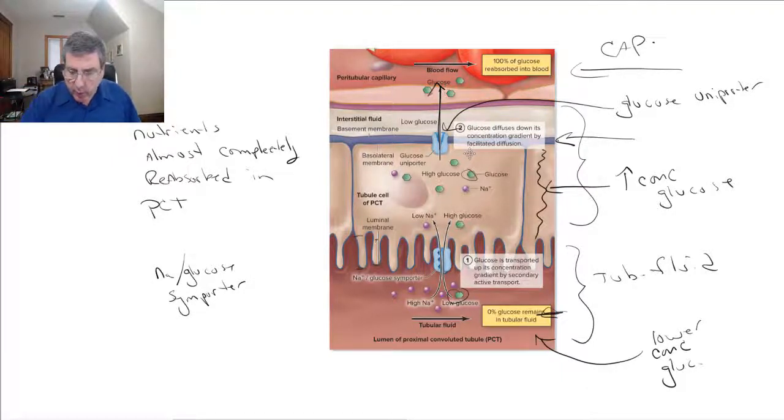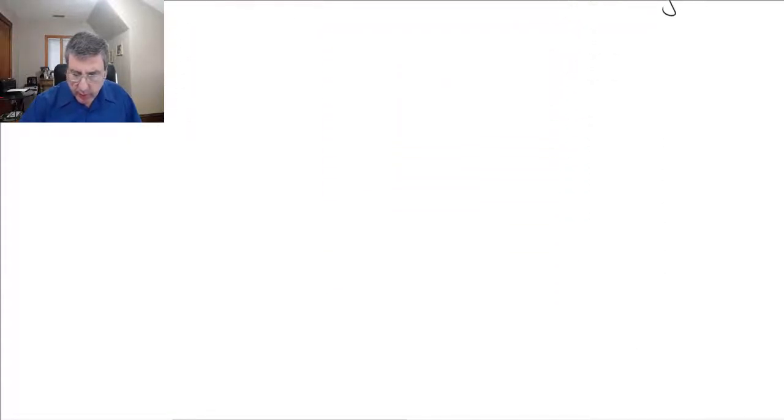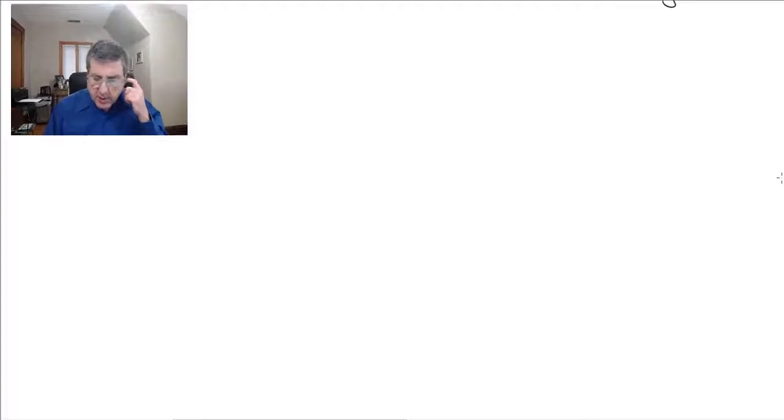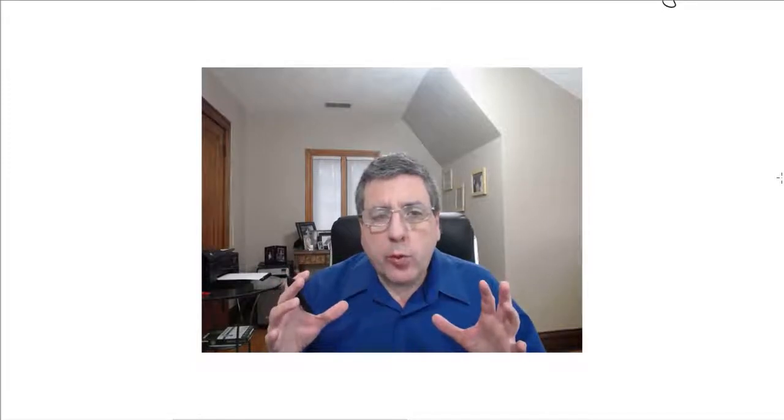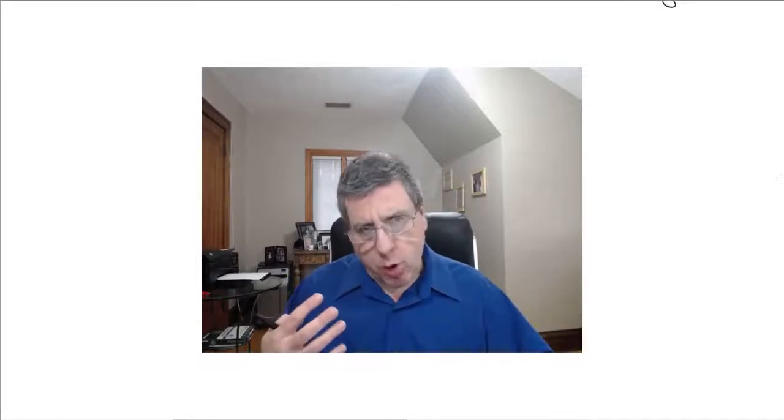Now, if we were to look at protein, I don't have a decent picture for a protein. Basically, on the protein, what we're looking at is that protein is not being reabsorbed as the protein itself. It's going to be transported.